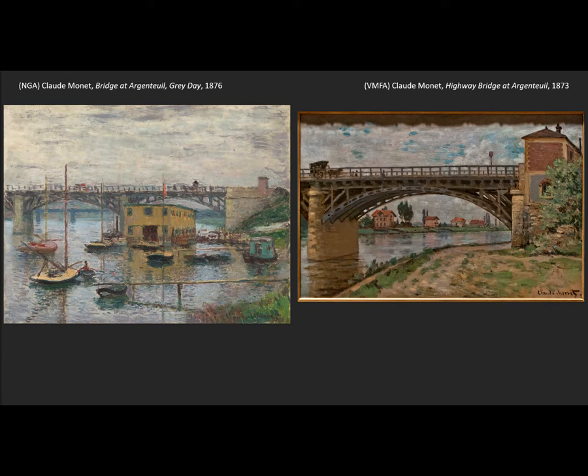He does this throughout his entire career. And the reason is that the bridge is not necessarily what he's most interested in. He's interested in it, but he's not most interested in it. What he is most interested in is how light plays off that bridge at different times of day, under different weather patterns, at different times of the year.